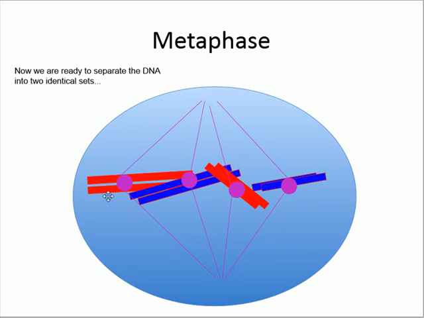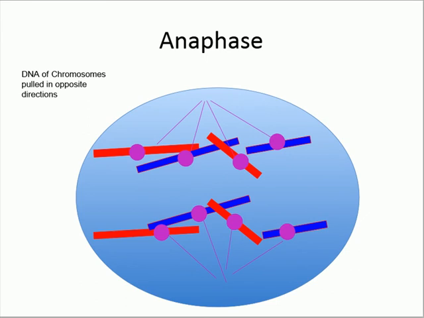This one here is going to end up pulled in this direction. Same sort of thing happens to the other DNA molecules in these chromosomes. All right, and as that begins to happen, we go into what's called anaphase. And you can see now we have the beginnings of our two groups of chromosomes. Each group has 4 unduplicated chromosomes, and each of these sets of DNA are genetically identical.